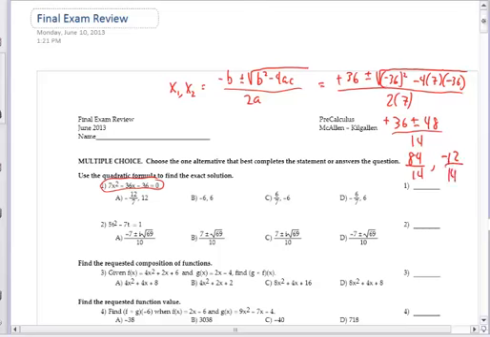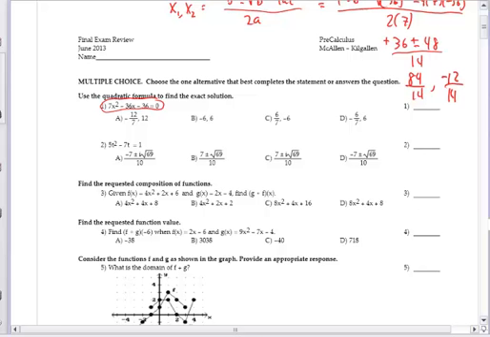When you simplify those fractions, you get 6 and negative 6 over 7. And that would be choice D.